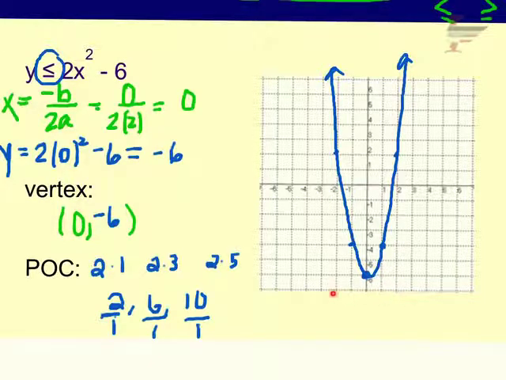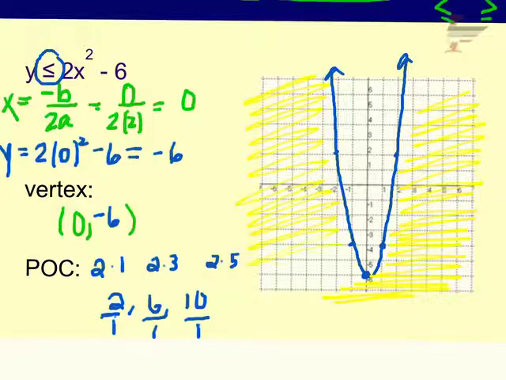I have to shade down here, which happens to be a shading below or outside, like this. So if it's a less than, just go to your vertex again, go below it, and we can say, oh, below happens to be outside the vertex, so shade everything on the outside.